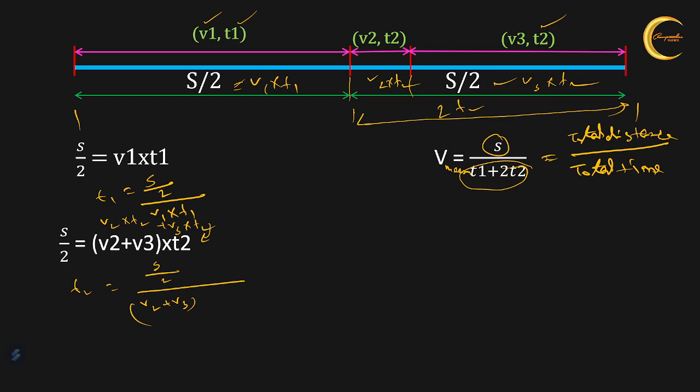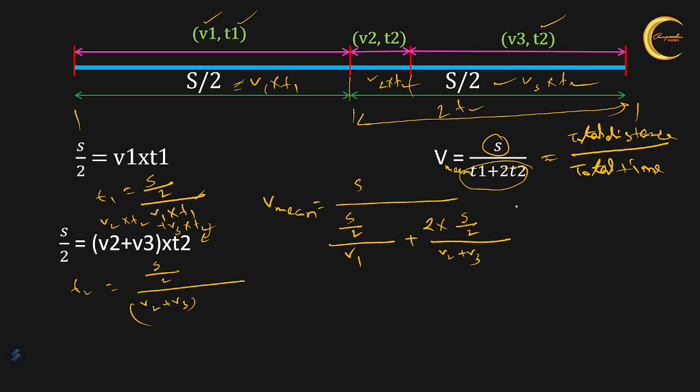Now we can easily find the solution in terms of velocity. So how? V mean equals s divided by, this one, s by 2 divided by v1, plus 2 into t2, that is 2 into s by 2 divided by v2 plus v3.